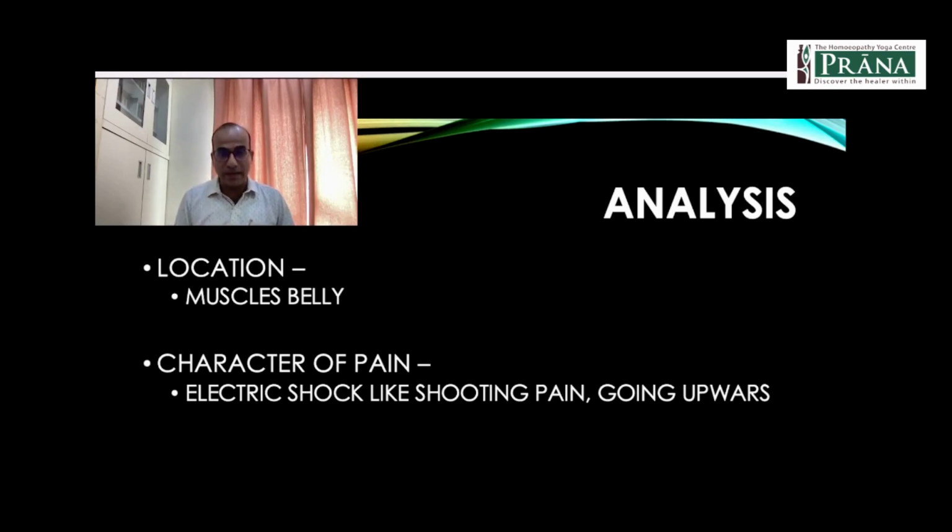If you see the modalities, aggravation on beginning to move, and pain going down when you walk, is very common in rheumatoid arthritis. Please always remember that. Then he is aggravated in winter, cold, rainy, cloudy weather. This is also very common in rheumatoid arthritis.